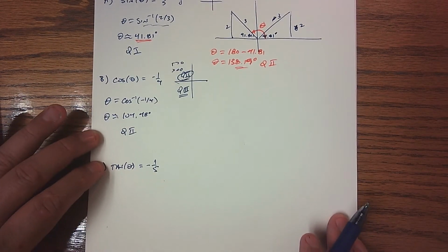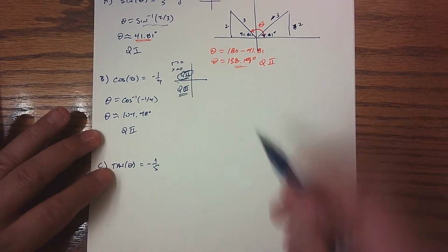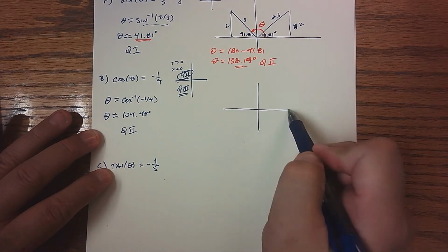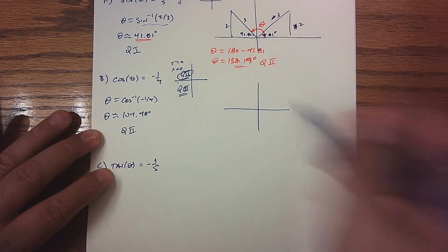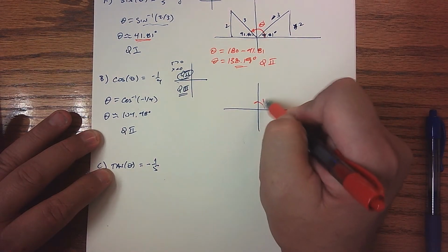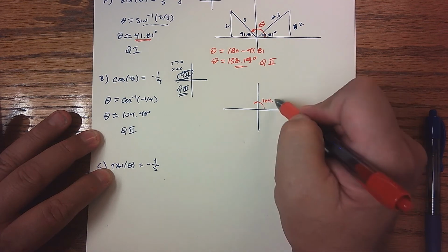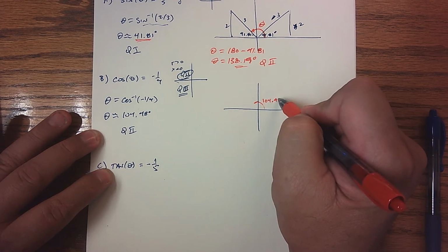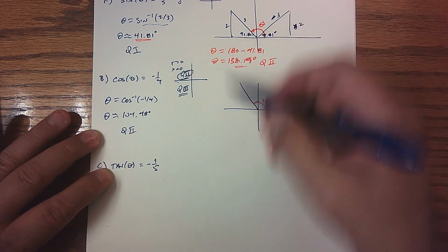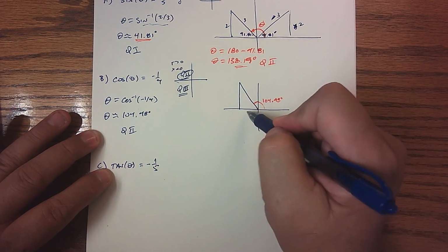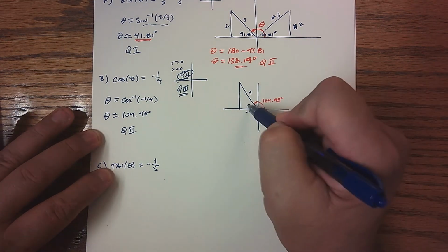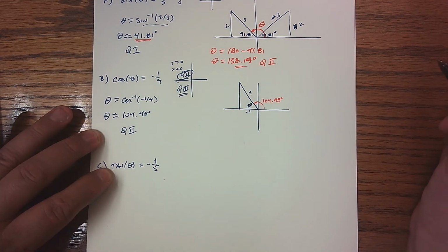Well, again, if we come over to our picture, here's what we have for this picture, right? We know that we're going to be rotating 104.48 degrees, right? And that's going to create this situation. The situation we have is x is -1 and r is 4, and then there's some little reference angle sitting right there.